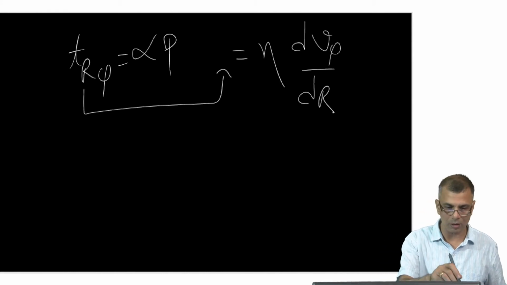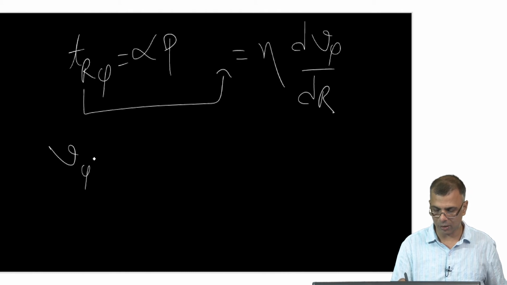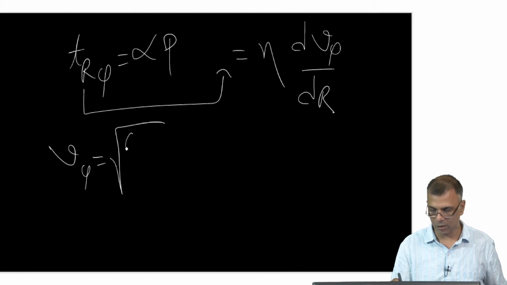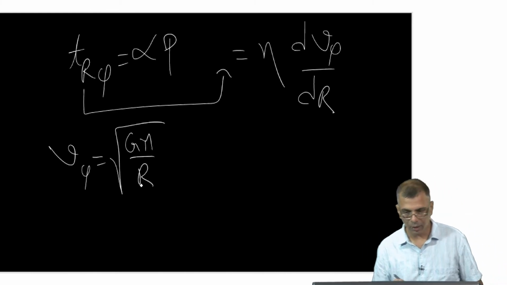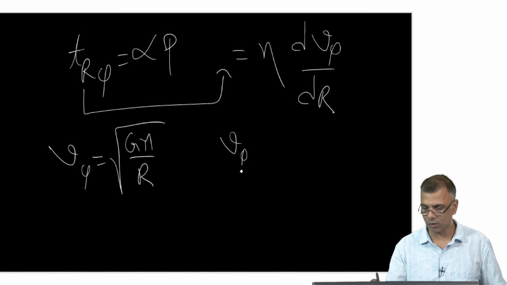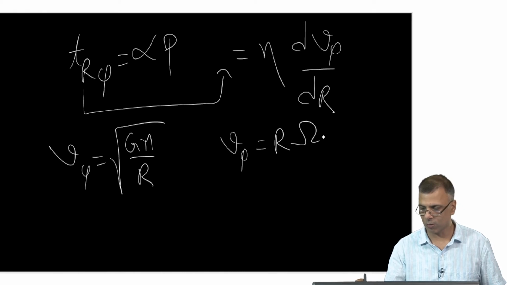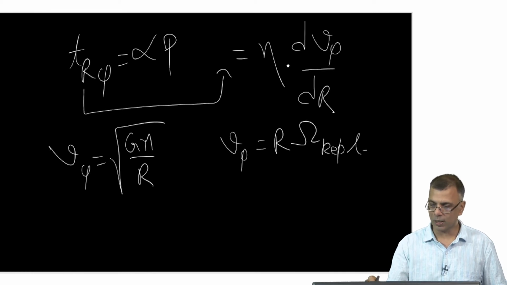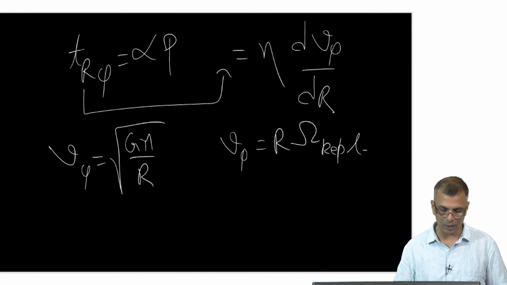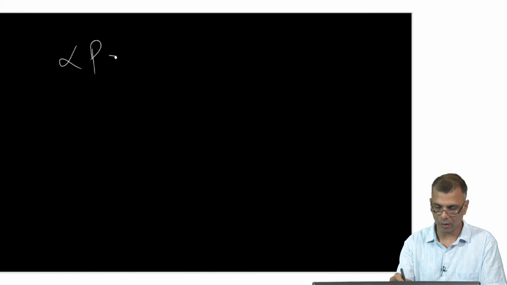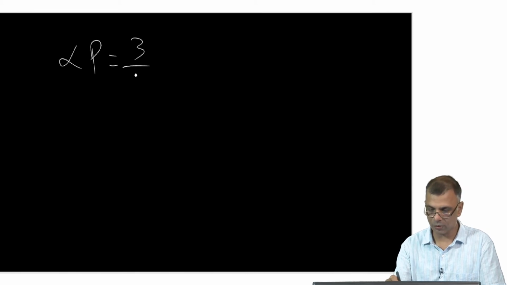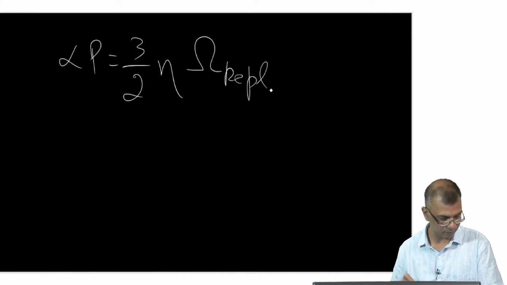And since V phi is taken to be the Keplerian value, and V phi can also be written as r times omega Keplerian, okay, this equality can be written as alpha p is equal to 3/2 eta omega Keplerian.